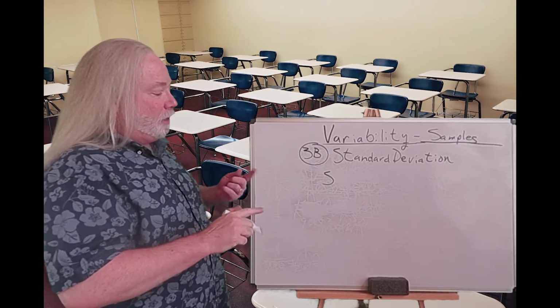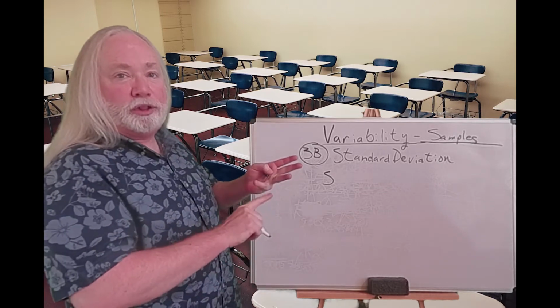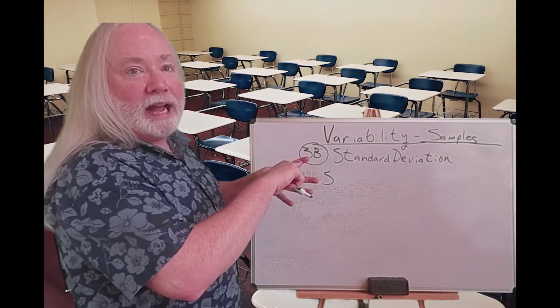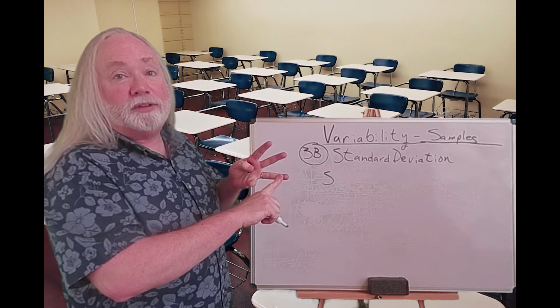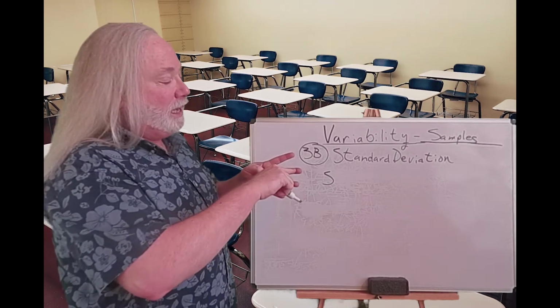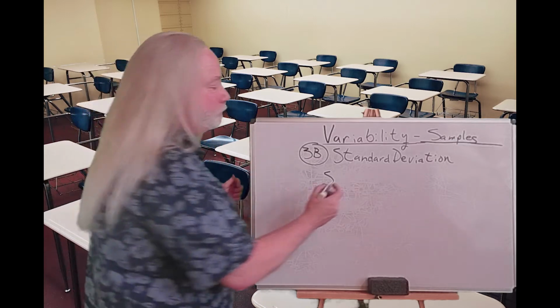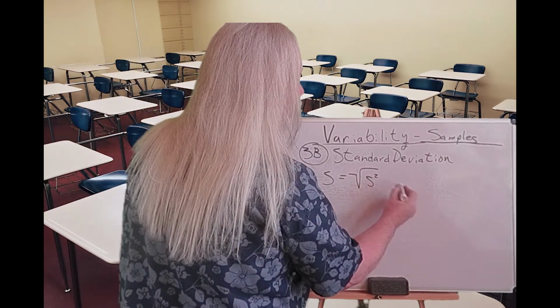So if we think about sums of squares, variance, and standard deviation as three calculations we've been working on, sums of squares is the same for either side, sample or population. We're going to see standard deviation is the same on either side, population or samples. It's only variance that has that little degrees of freedom change in it. So that means that this is basically the same formula as you would expect.